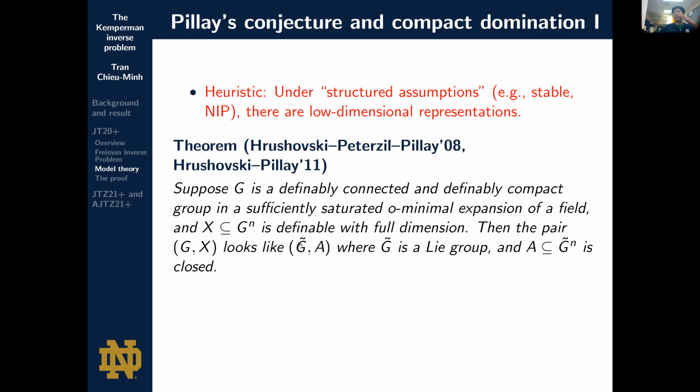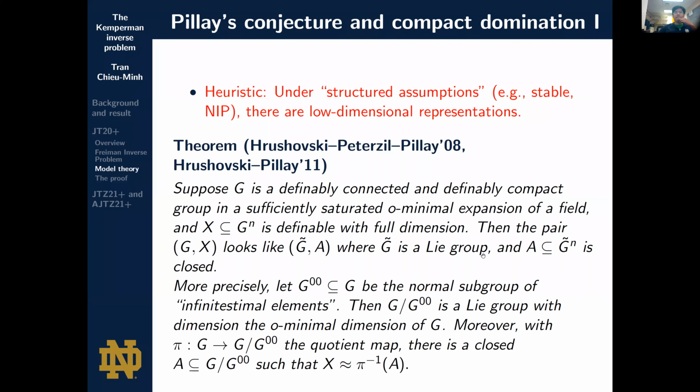It would look like a Lie group together with a closed set in a certain way. More precisely, we need to take this set G^00, which is the infinitesimal elements.